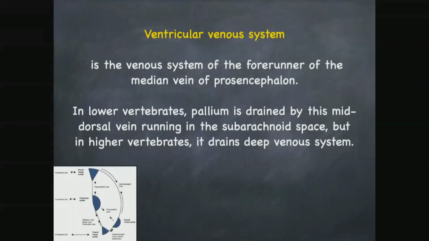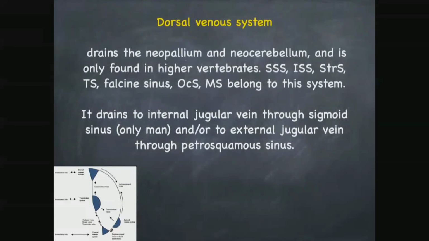To review again, the ventricular venous system is the venous system of the forerunner of the median vein of the prosencephalon. In the lower vertebrates, the prosencephalon is drained by this mid-dorsal vein running in the subarachnoid space, but in the higher vertebrates, it drains to the deep venous system. The dorsal venous system drains the paleocerebellum or neocerebellum, and it's only found in the higher vertebrates.